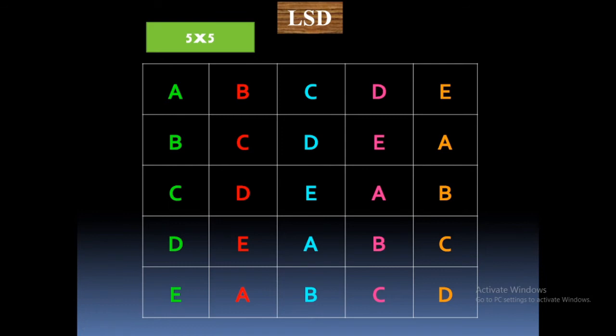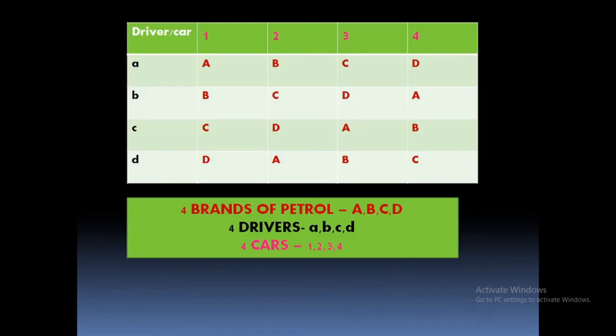This Latin square design came from a game practiced many years back. So let us explain this with the help of an example of a car. See here, in this case, this indicates drivers, 4 drivers A, B, C, D. See, 4 cars, 1, 2, 3, 4.